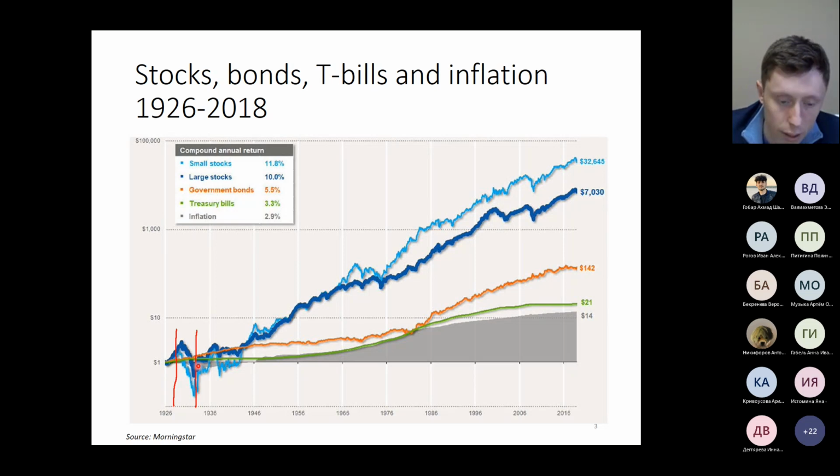In this case, there are multiple periods during this 100-year investment horizon when investment in bonds would be better than investment in stocks. But if we take an investment horizon that is long enough, then those risky assets are always better. They would always outperform in the long run, but in the short run, there are multiple periods when it is not the best option to invest.